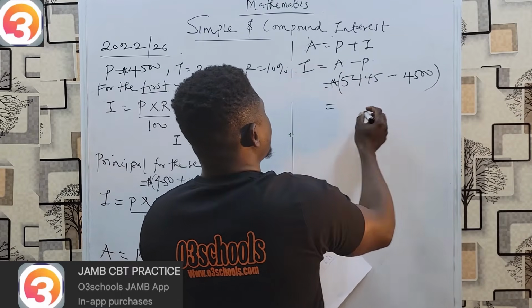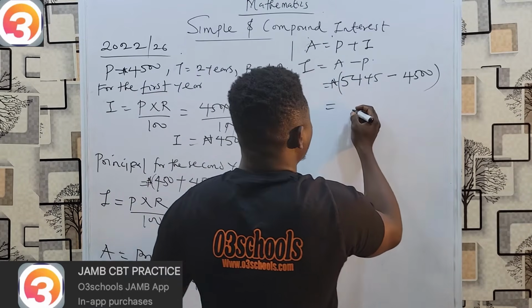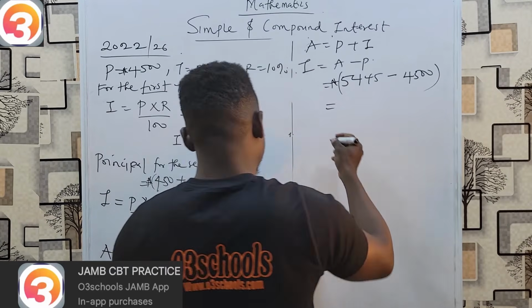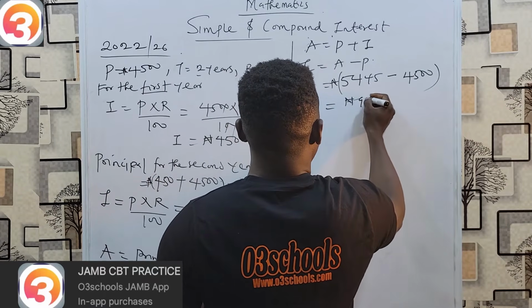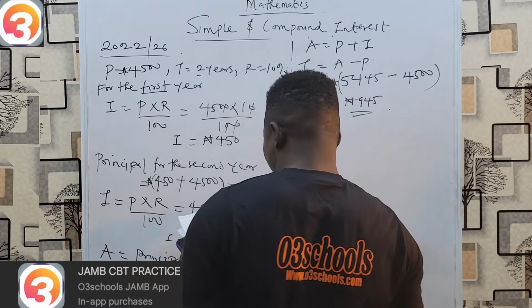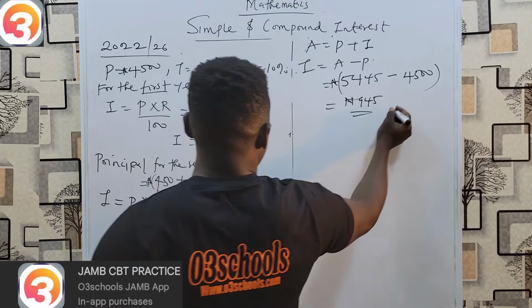So 5,445 naira minus 4,500 naira will give you 945 naira as our final answer, which is option C.